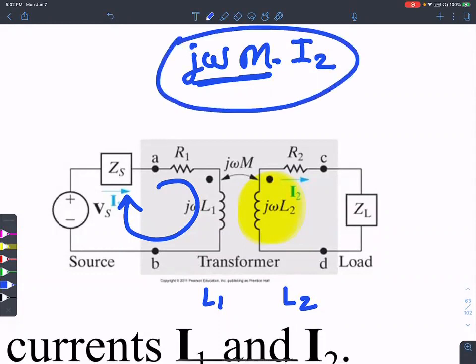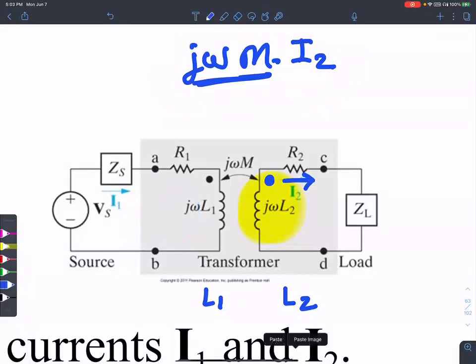Now the idea is I2 is leaving the dot, therefore the resultant voltage drop is going to have a negative at the dot and positive at the opposite. So I2 induces a polarity that is similar to this. And now we want to take into account how I1 is going.